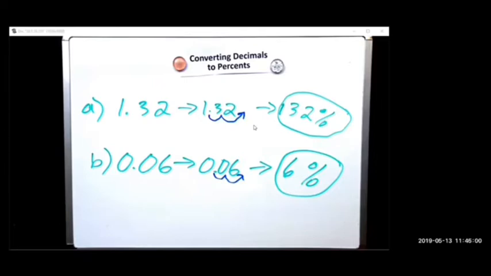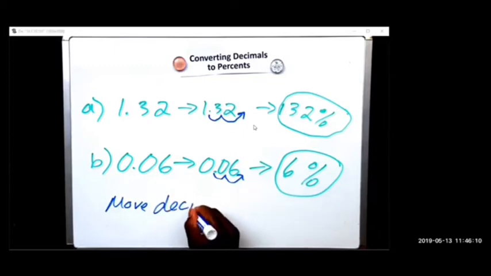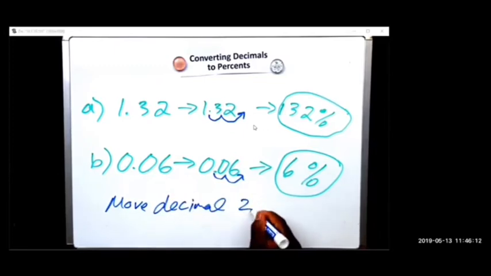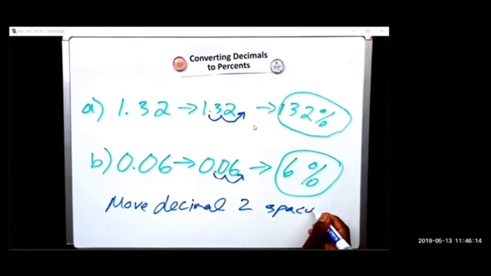Okay? So in this case, what are we doing? When you're converting a decimal to a percent, you want to move the decimal 2 spaces, don't get them confused, to the right this time.